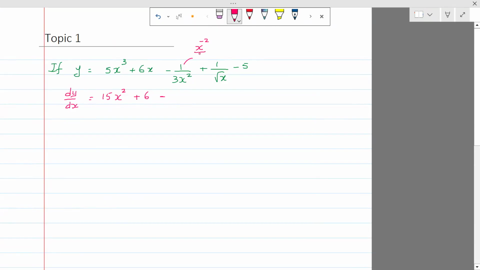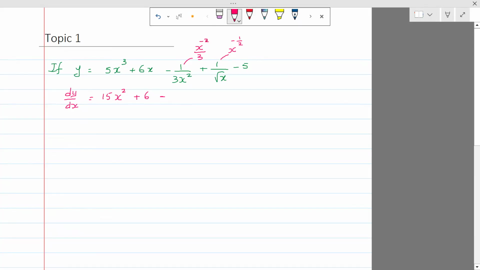So this becomes here, and this one x power half, square root x means x power half. So I'm going to write it x power minus half. Now I can differentiate this.